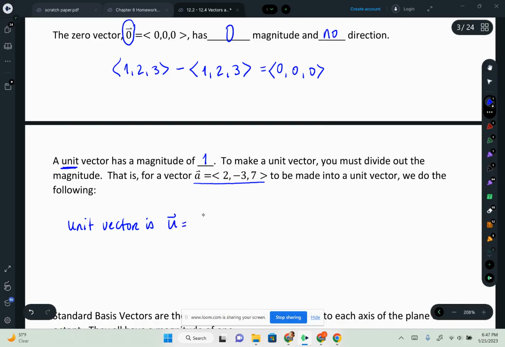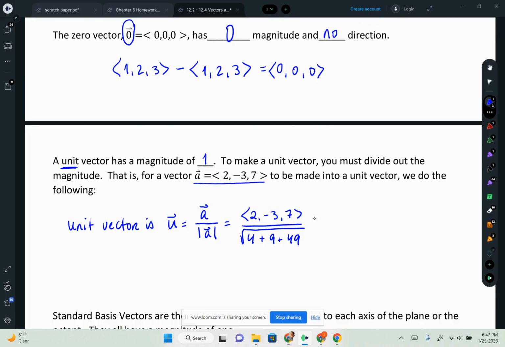And what it's equal to is the original vector A over the magnitude of the original vector A. So we can plop those things in there. We'll plop in A. It's got the vector 2, -3, and 7. In the denominator, by definition, the magnitude of A is the square root of the sum of squares of the components. So 4 plus 9 plus 49. That adds up to root 62.